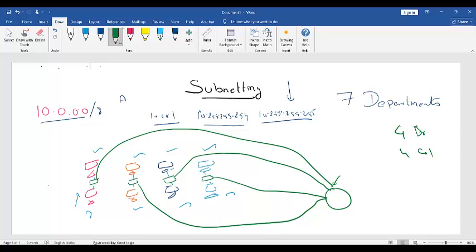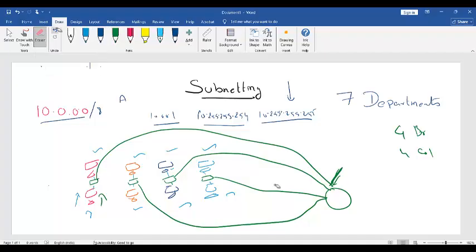So now, if a broadcast is sent from this PC, it will go up to here and the router will stop it. It won't allow it to go through to another port, another department. Broadcast is stopped. Router has got a broadcast domain.